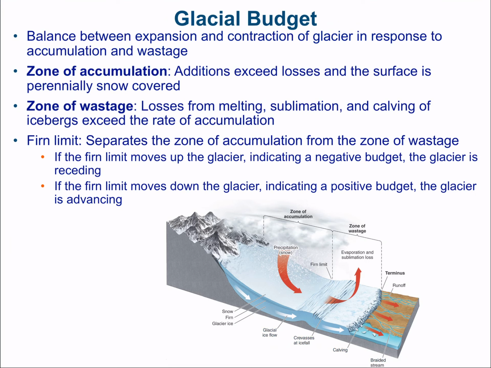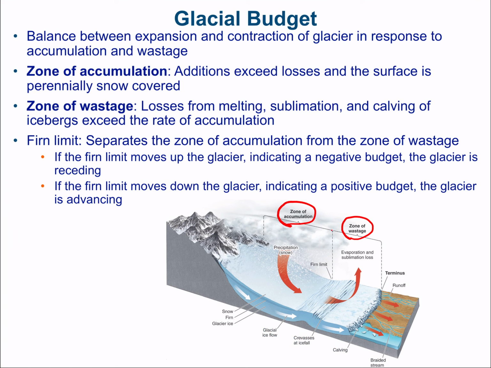Now, glaciers also have a budget, and that budget is a balance between the expansion and contraction in response to accumulation and wastage. If we look at the figure at the bottom of the slide, we can see the zone of accumulation. That is going to be the area where you have more snowfall than melting, and then the zone of wastage where you have more melting than accumulation.